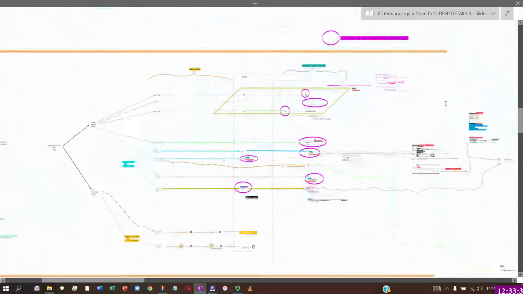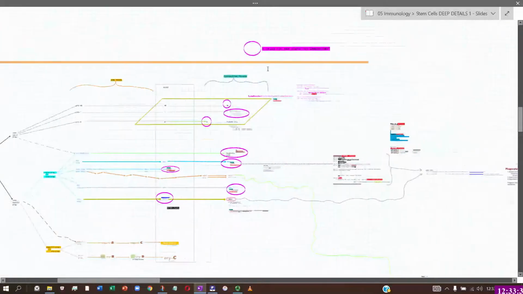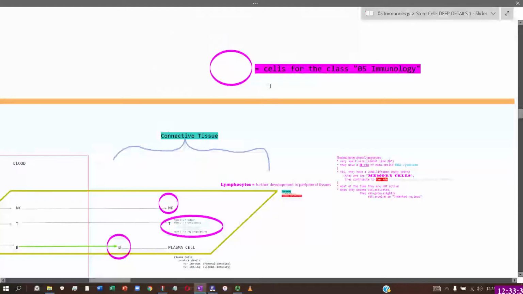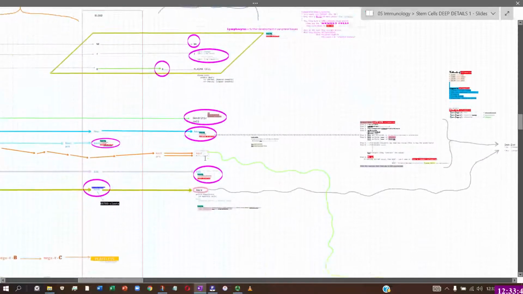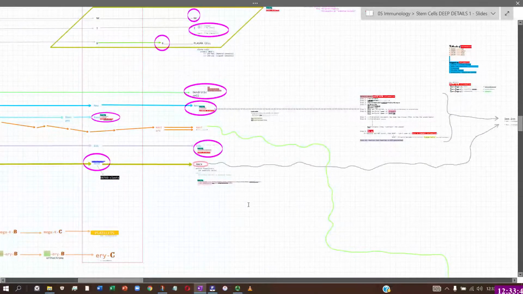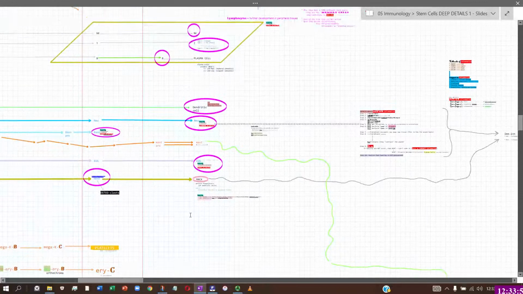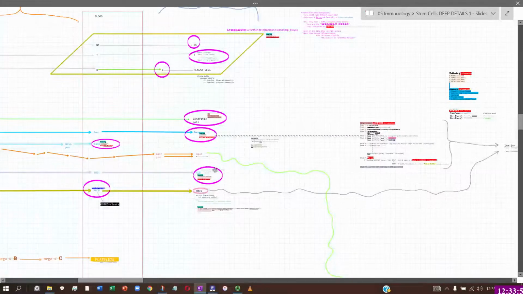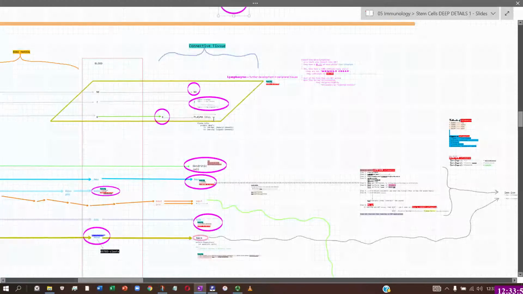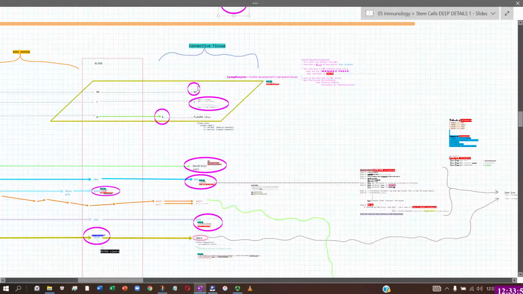Some of the first things to point out: with this neon purple color, I've circled the cells that are relevant during the class notes for week one, and it's essentially all of them.